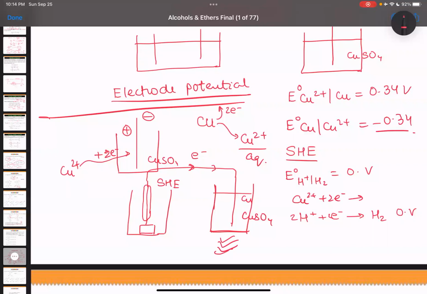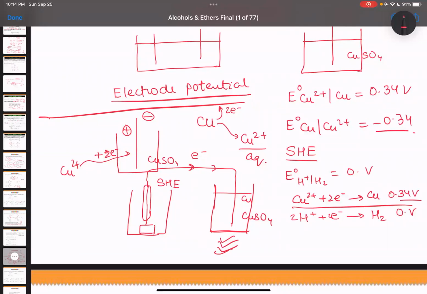So actually standard reduction potential is a measure of the tendency to take or accept electrons. For copper it is higher, so I'm going to place it above the standard hydrogen electrode, so it is going to be 0.34 volt.